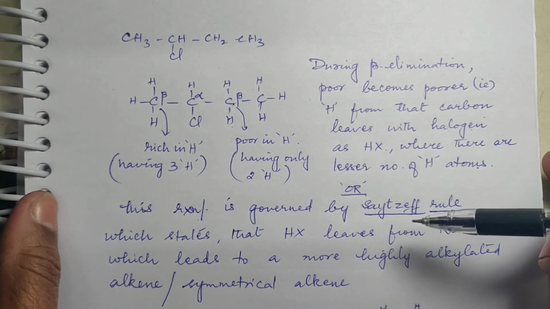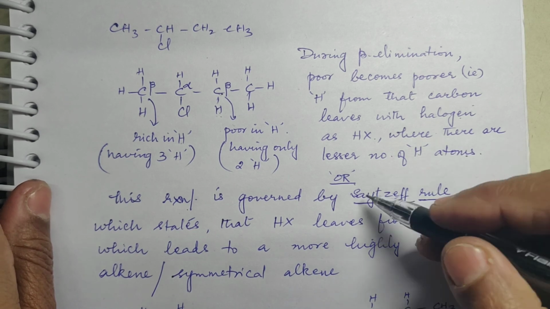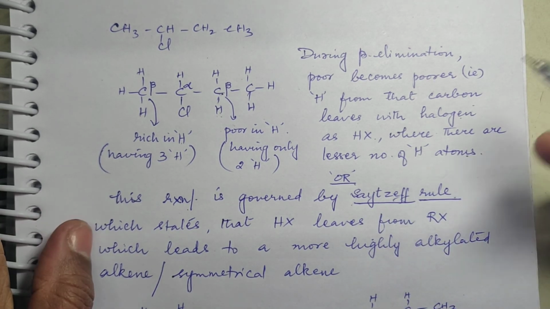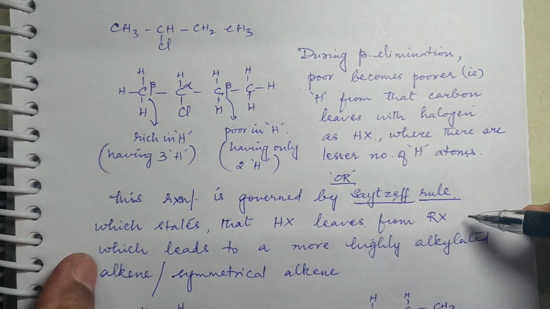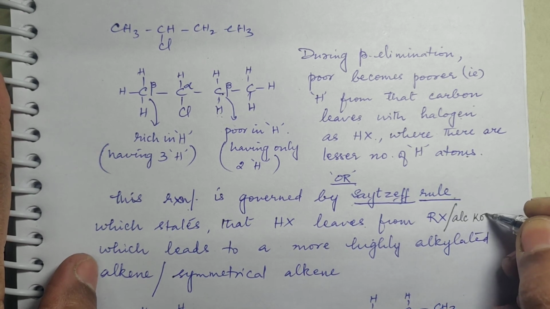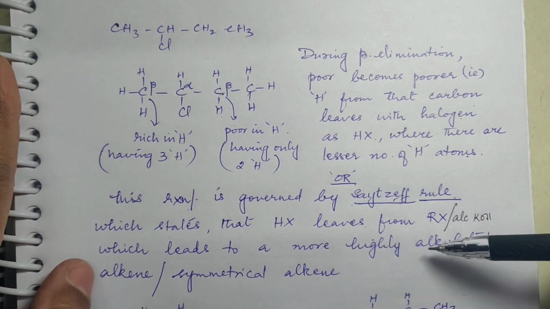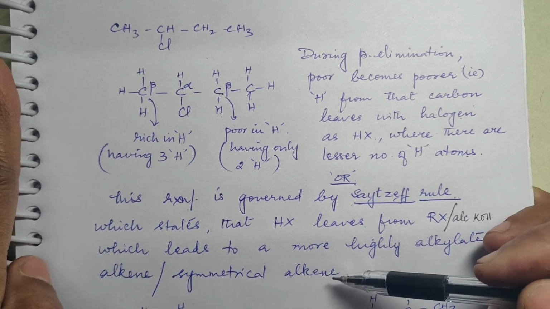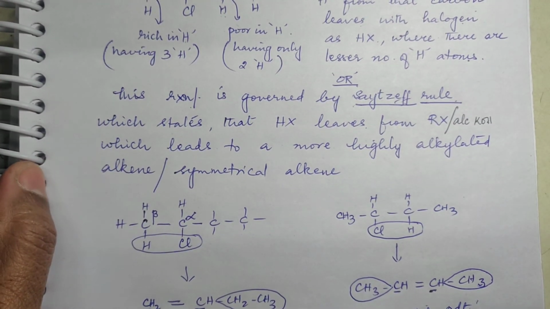ठीक है? Now this reaction is governed by a particular rule called the Zaitsev rule. What does it state? It states that HX leaves from RX in the presence of alcoholic KOH, which leads to a more highly alkylated alkene, or you will get a symmetrical alkene. Okay, so this is what I have shown you here.